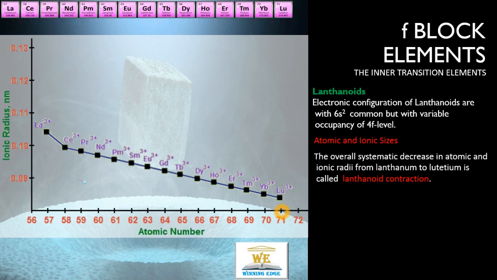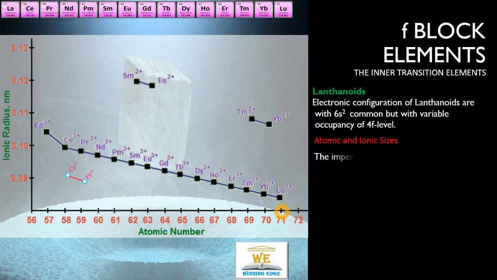But there are a few other oxidation states as well, like cerium and praseodymium, that do show +4 oxidation state. Samarium and europium too show 2 positive oxidation states as stable, thulium and ytterbium 2 positive oxidation states. This linear decrease in ionic radii down the series is known as lanthanoid contraction.